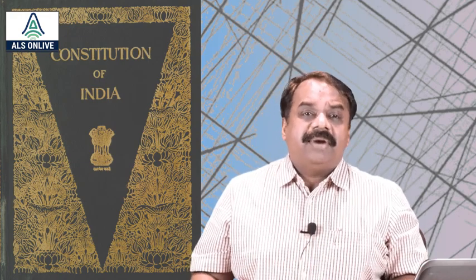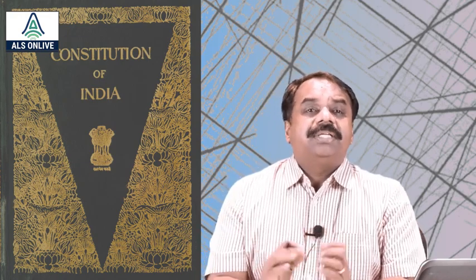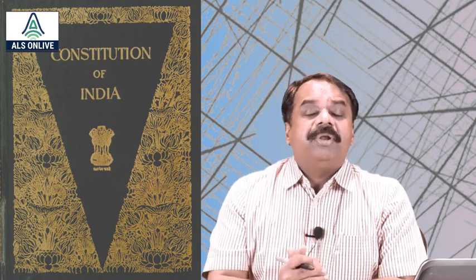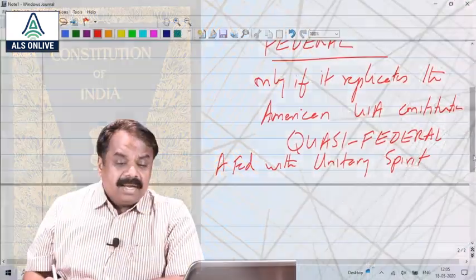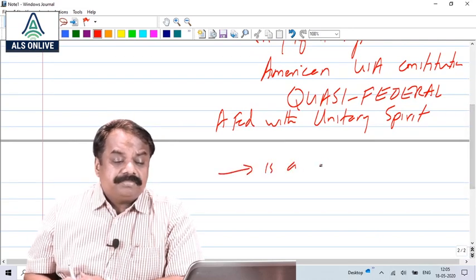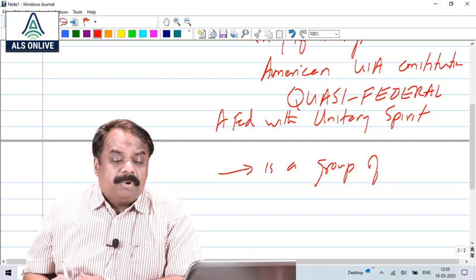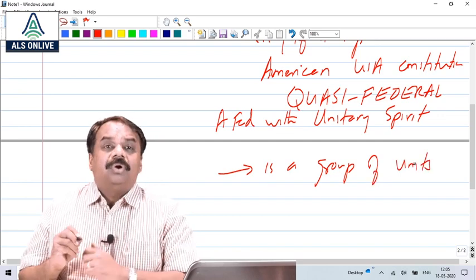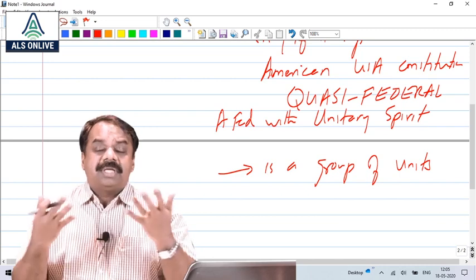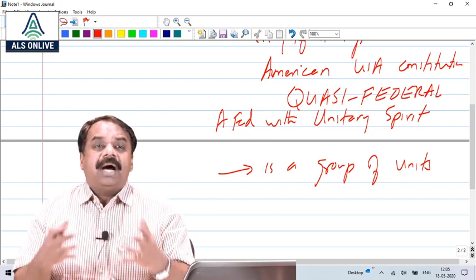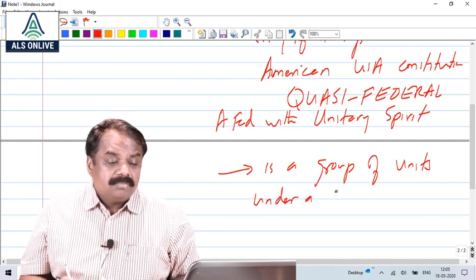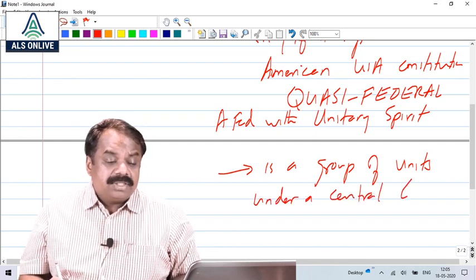So, what do you mean by federation? A federation is a group of regions or states under a central government or a federal government. A federation is a group of units or states having some self-governing power under a central government.